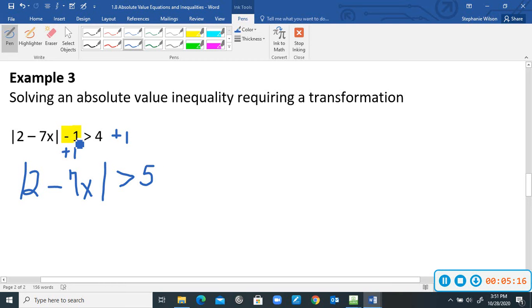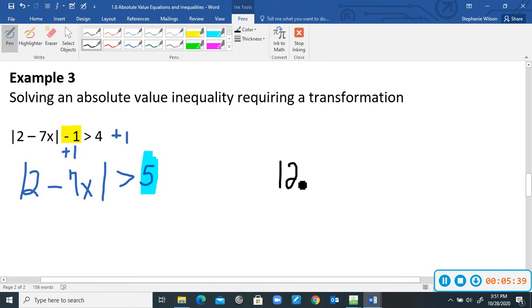It is isolated this time. It does have a positive 1 coefficient in front. Now I need to look at what's behind it. This 5 is a positive 5, so I'm going to get 2 values. If it was negative, I wouldn't. If it's 0, I'd only get 1 value. But since it is a positive 5, I'm going to get its opposite.